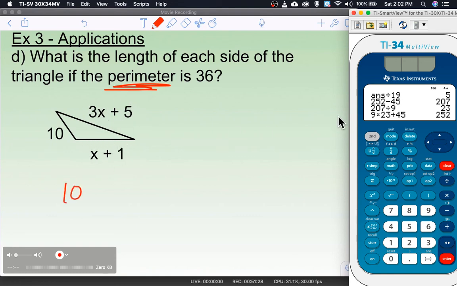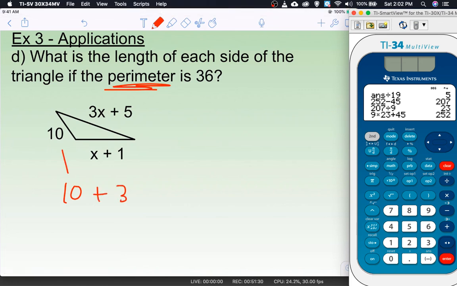There's 10 plus 3x plus 5, that's this side, plus x plus 1, that's this side. So I'm adding all three sides together, and it says the perimeter should be, not 33, 36. And we want to solve this. What is the length of each side of the triangle?